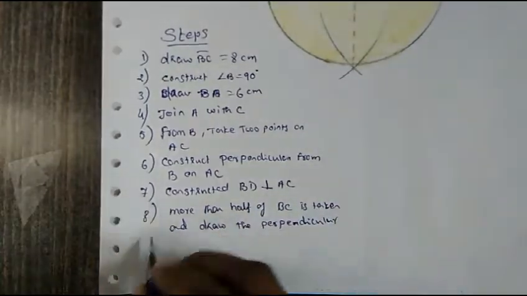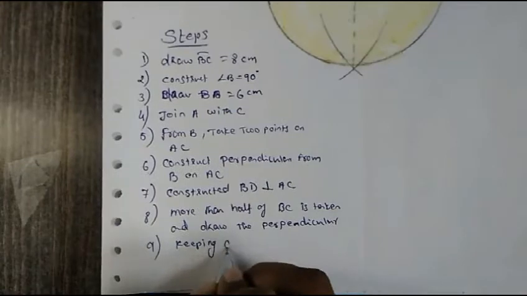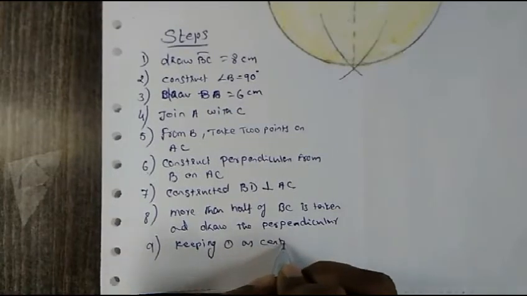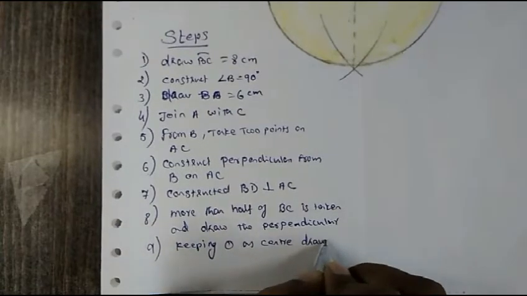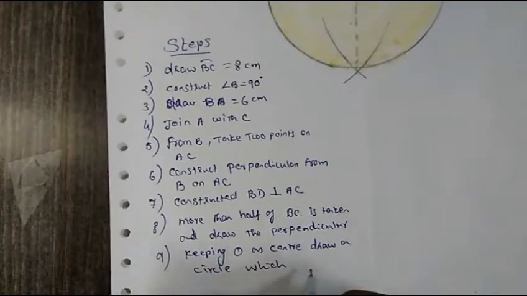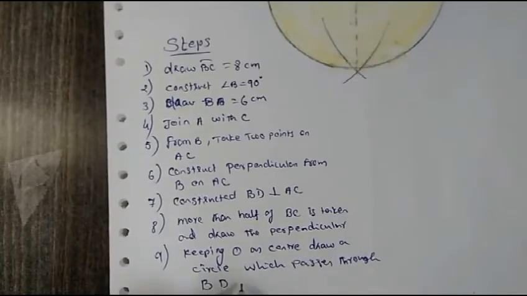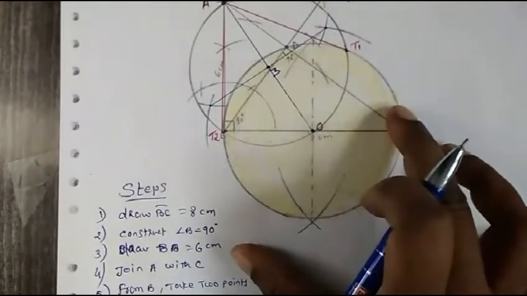Then keeping O as center, draw a circle which passes through B, D and C.